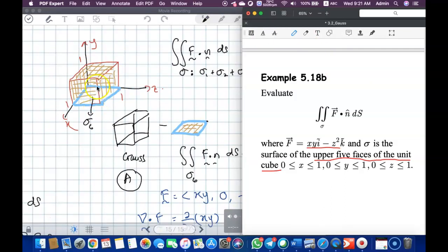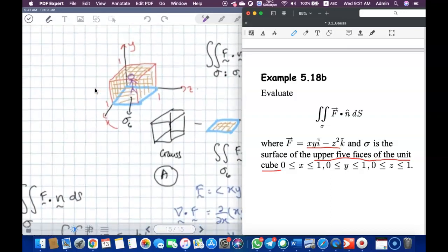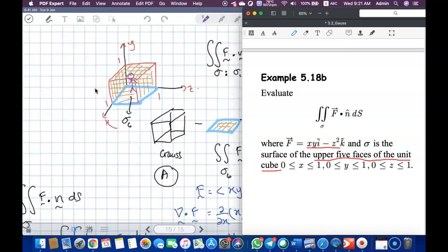This is our assumption, just to simplify our calculation, because we want to use Gauss. So if I have that particular solid, I want to have a standard orientation, so z, x, and y. So I have an xy solid, where this is my region.